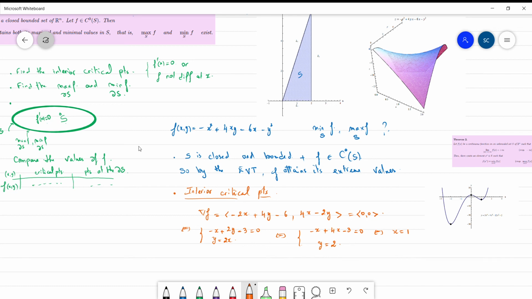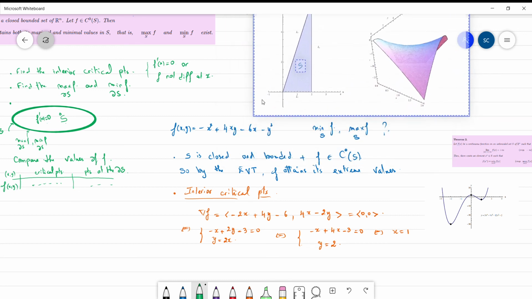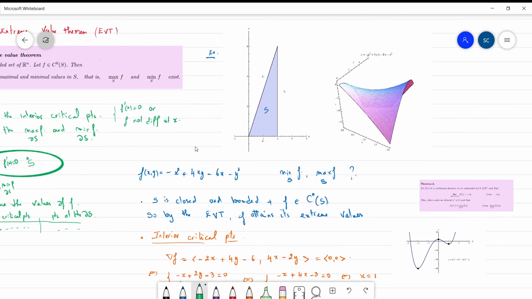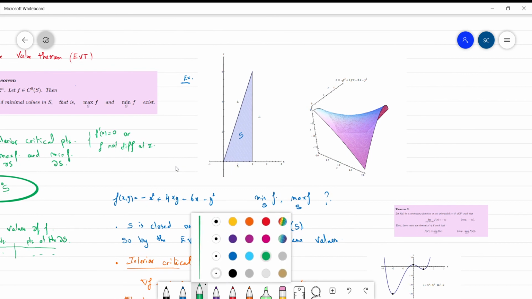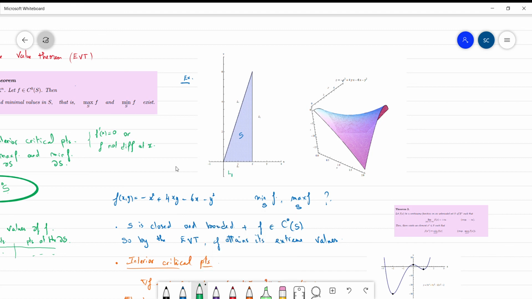Is 1, 2 inside? So let's describe my set S. Here it is. This line L1 is the set of points x, 0, with x between 1 and 2.